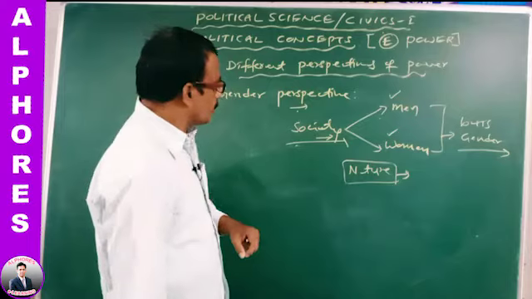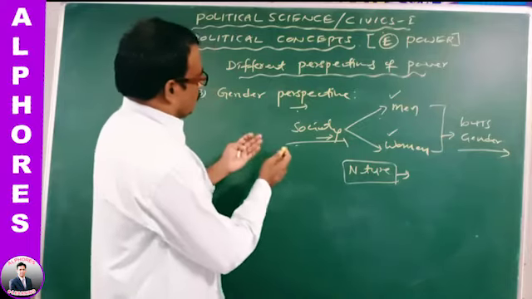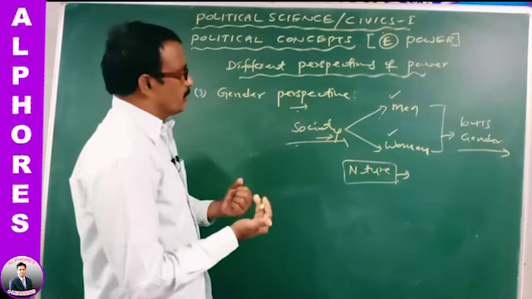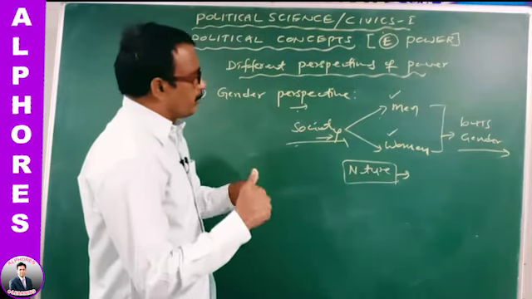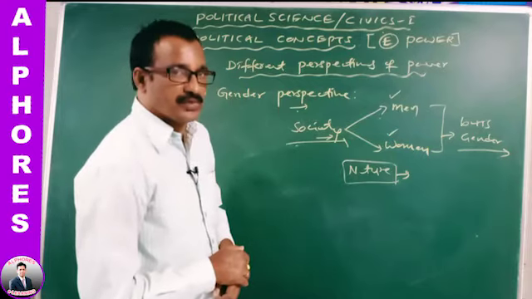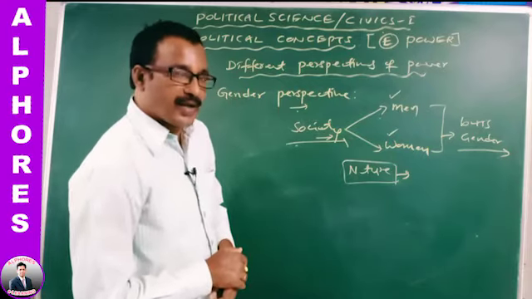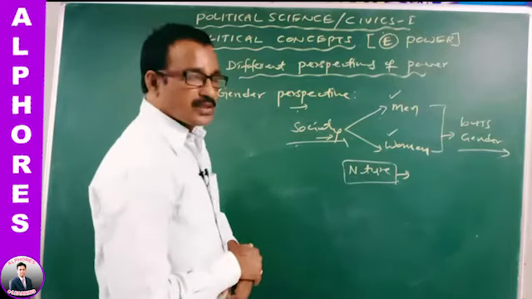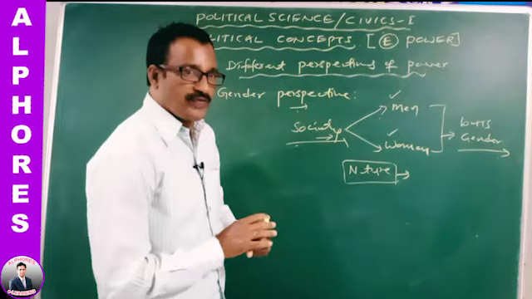Clear? But what happened in the society due to the patriarchy concept? So in our Indian society, what type of family system exists? Patriarchal family system exists. According to the patriarchal system, who is the owner of a family?